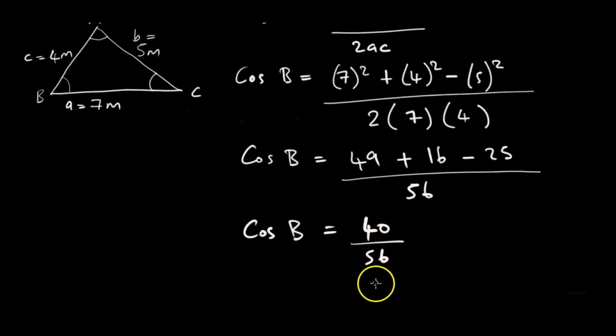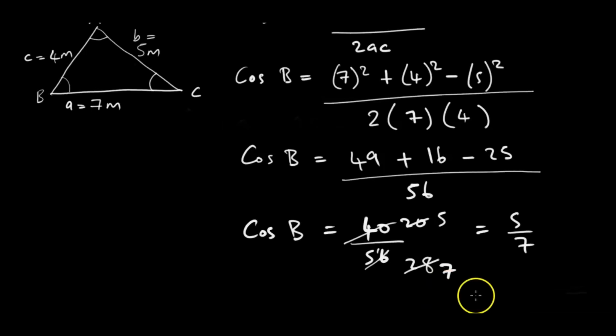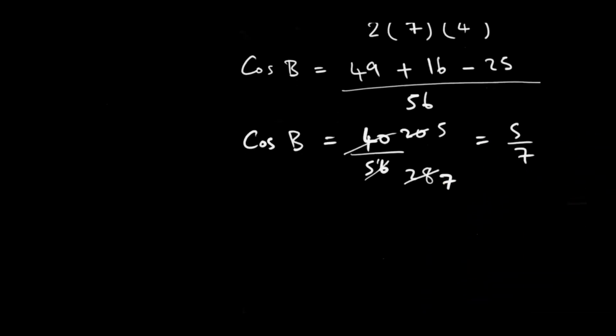We can reduce it, of course, by taking half of 40, that is 20, and half of 56, that is 28. Actually we can divide by 4: 4 into 40 is 10... so 4 into 20 is 5, then 4 into 28 is 7. So this is equal to 5 over 7. 7, 14, 21, 28.